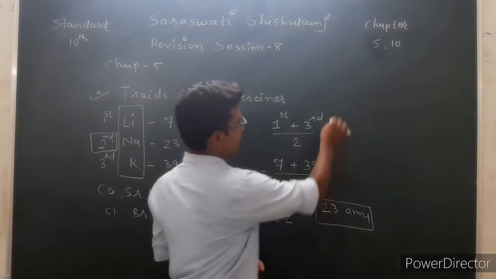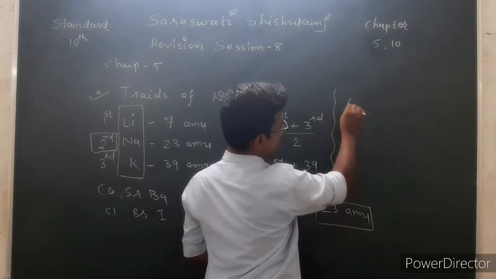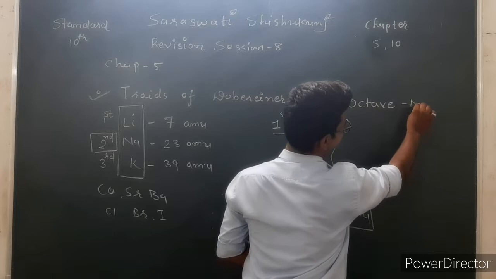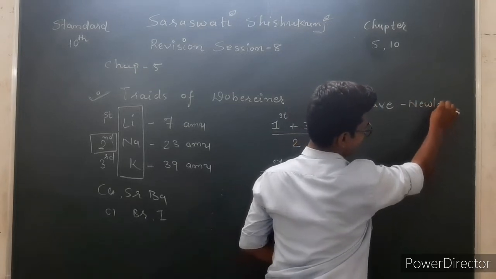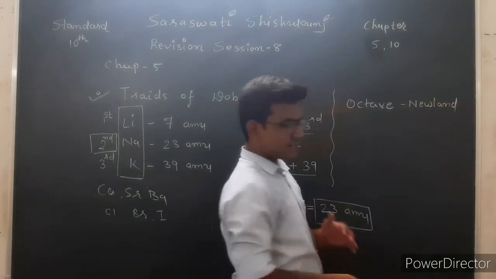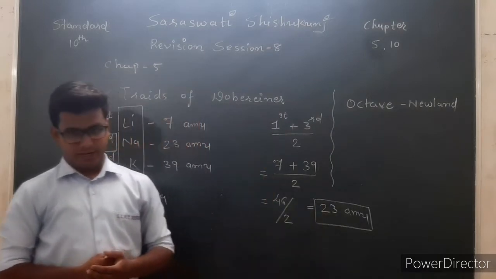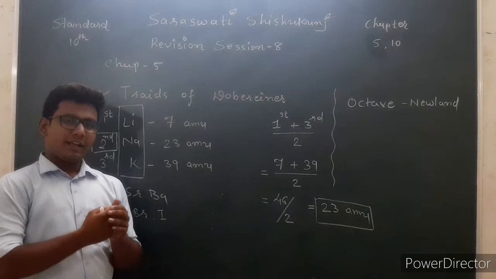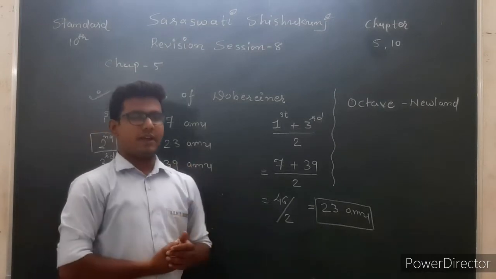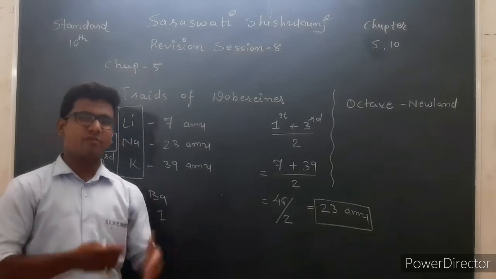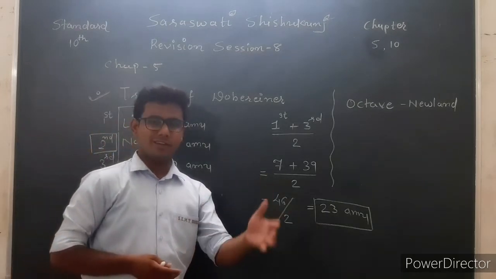Another important question is the octave rule of Newlands. What comes in the octave rule of Newlands? According to Newlands' law of octaves, at every 8th element the property is repeated, like the notes of music, sa re ga ma pa da ni sa.